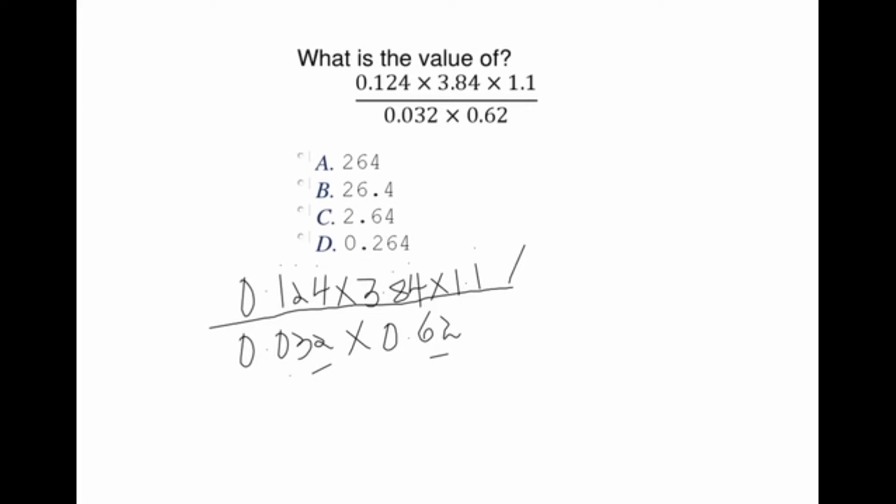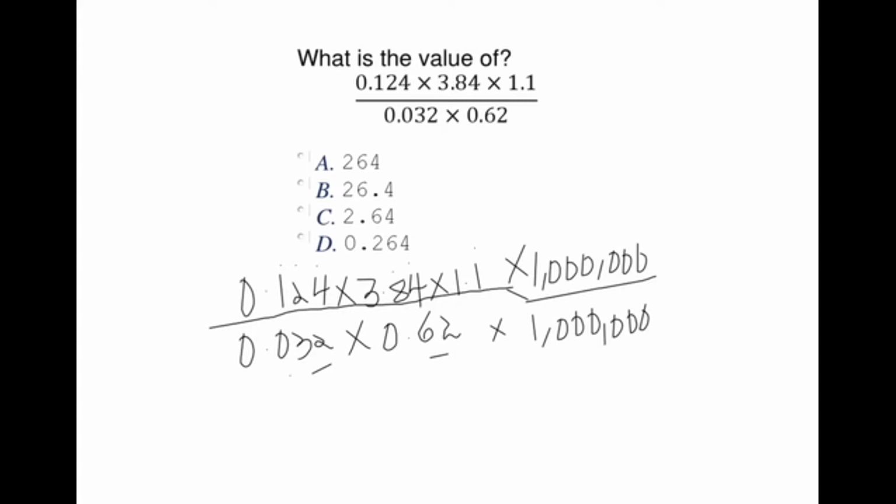Therefore, to remove the decimal places, we are going to multiply by the highest number of decimals. That is, we have to multiply it by 1 million. Then on our denominator also we multiply by 1 million.